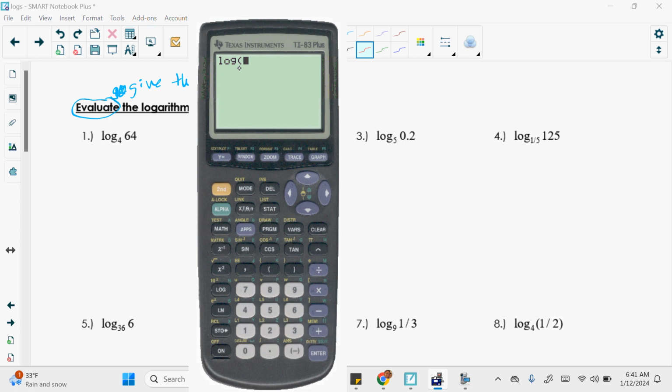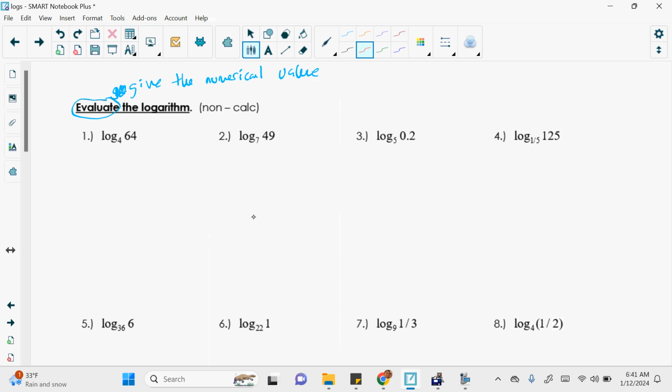So what I'm going to do is convert it to an exponent. The first thing we're always going to do is convert to exponents. Theoretically, the exponent property is this: a to the m power equals n.